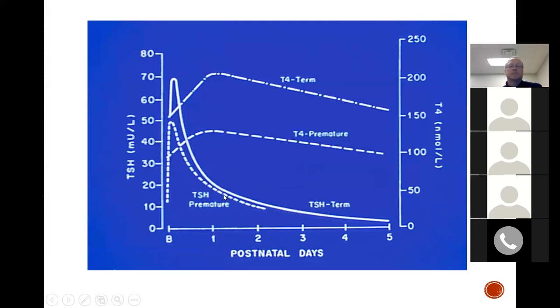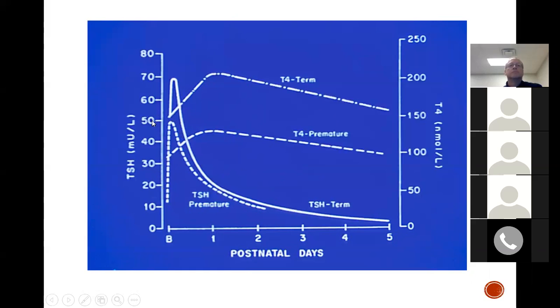With people trying to save money now and women often being discharged from the hospital faster, newborn screens are often collected within the first 24 hours of life, and that can sometimes throw things off and create false positives in terms of TSH elevation being thought of as hypothyroidism.